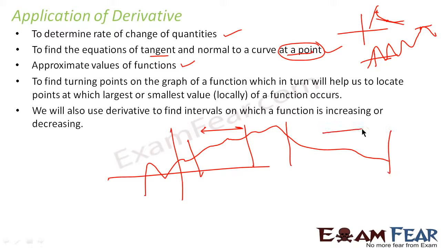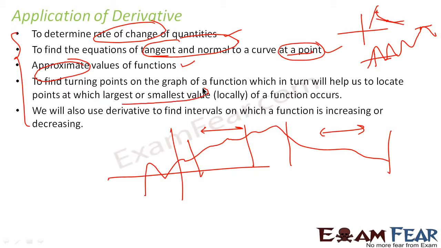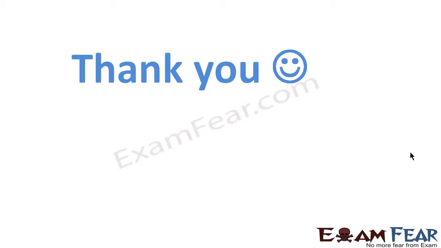If I want to find in which interval it is increasing and in which it is decreasing, we can also find that using derivatives. So these are some of the practical applications of derivatives in real life: the rate of change of quantity, equation of tangent and normal, approximate values, maxima and minima, smallest or largest value, and increasing or decreasing functions. So let's start.